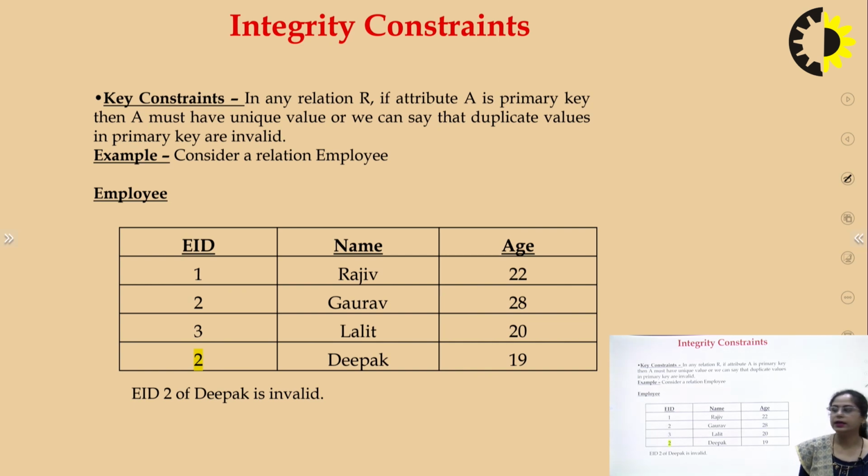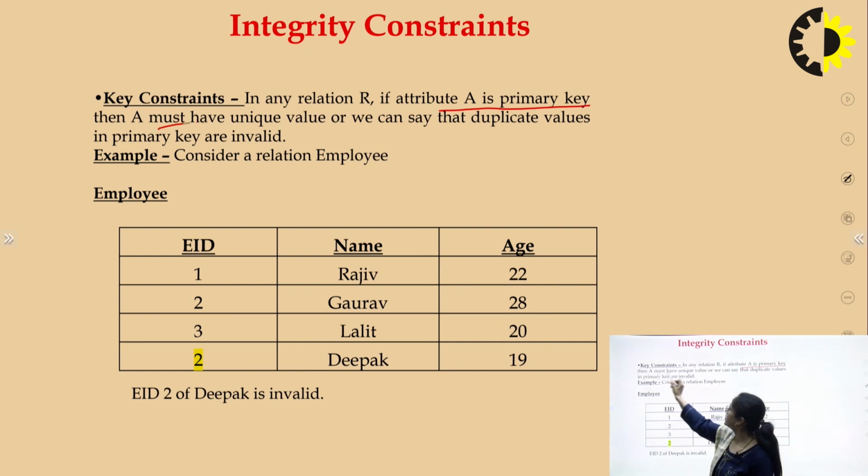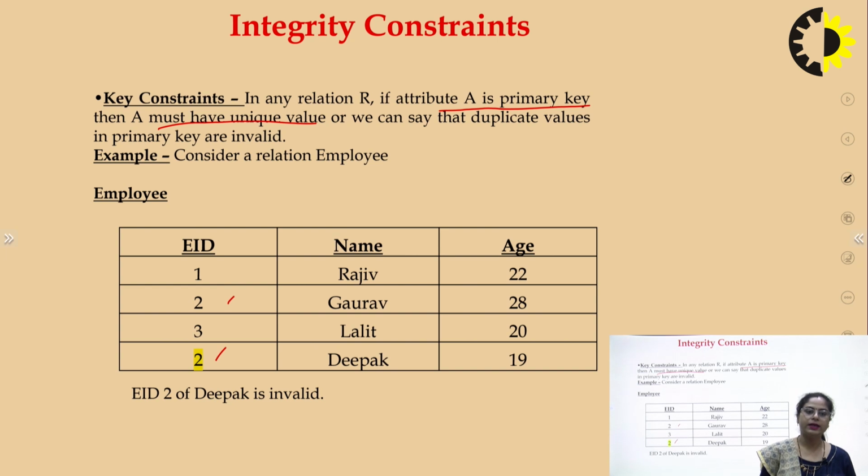After that, the key constraints. In any relation R, if attribute A is a primary key, then A must have a unique value. Or we can say that duplicate values in primary keys are invalid. Duplicate values are not allowed in the key constraints.